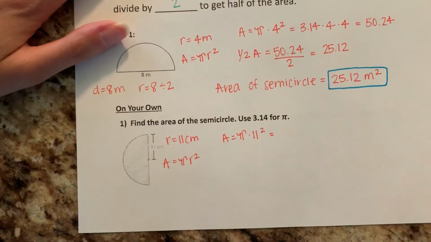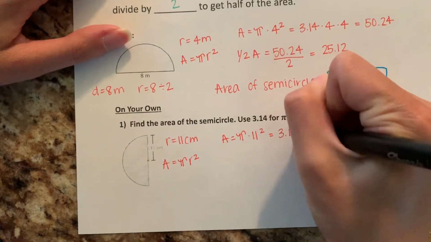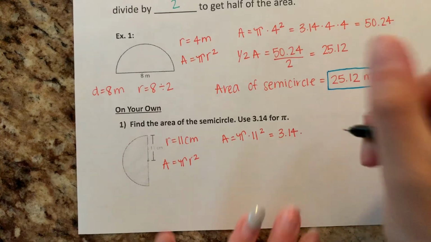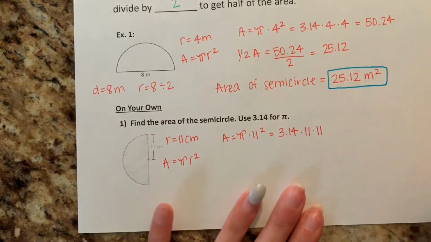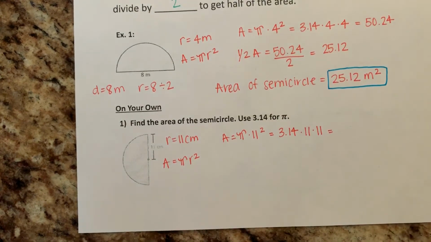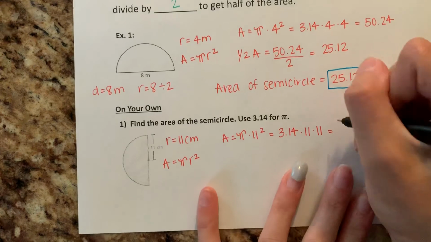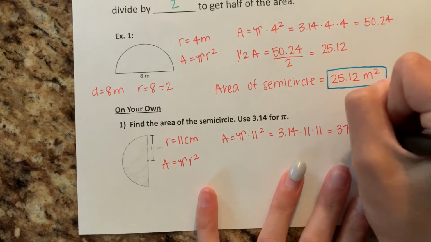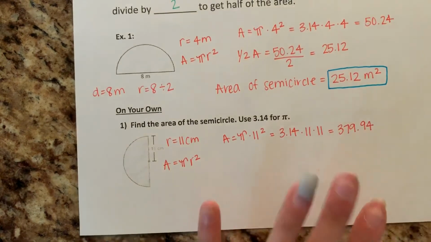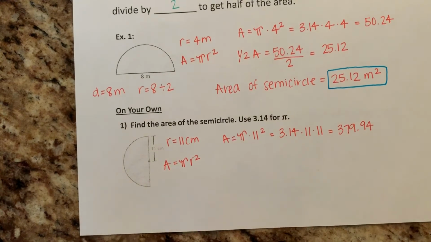We want to replace pi with 3.14 times 11 squared means 11 times 11. So we can go ahead and type that in our calculator, 3.14 times 11 times 11, and we get 379.94. But that's the area of a full circle.